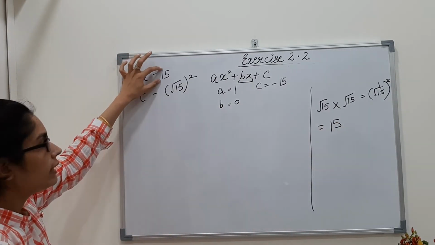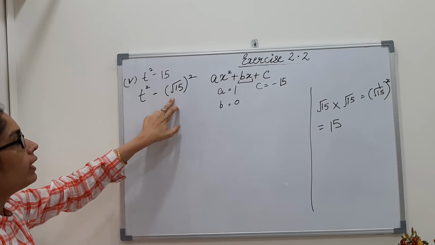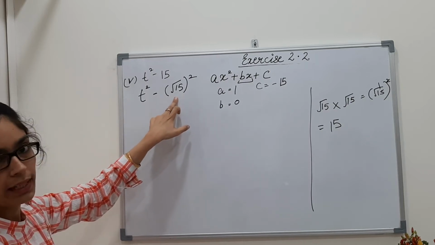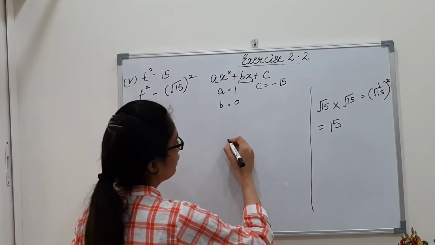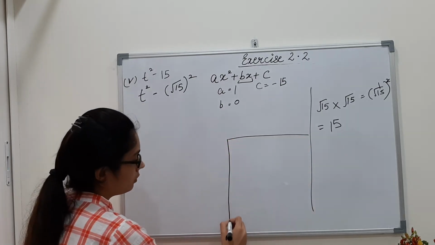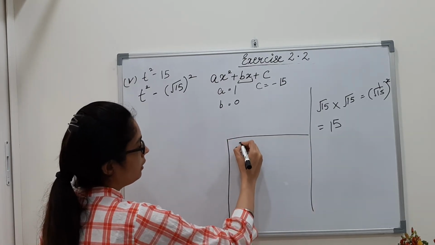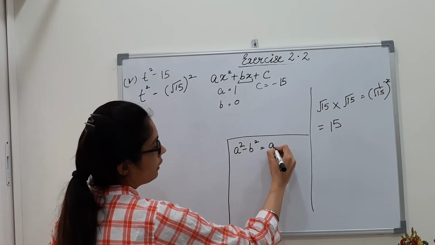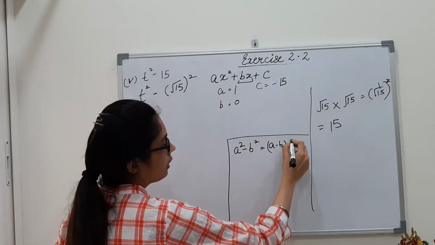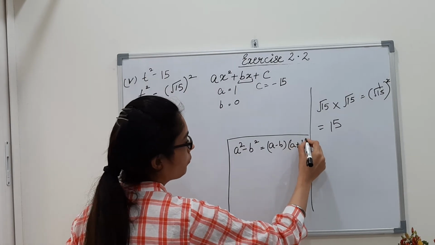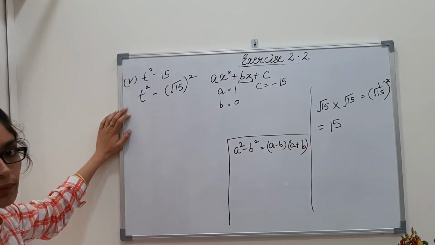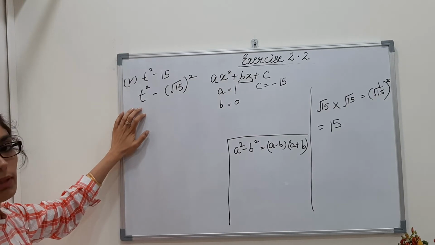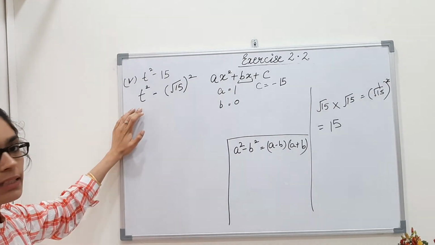So this 15 I have written as the square of root 15. The reason I have written it in this way is because we know one formula, a square minus b square is equal to a minus b, a plus b. We have to factorize it so that we will be able to find the zeros.